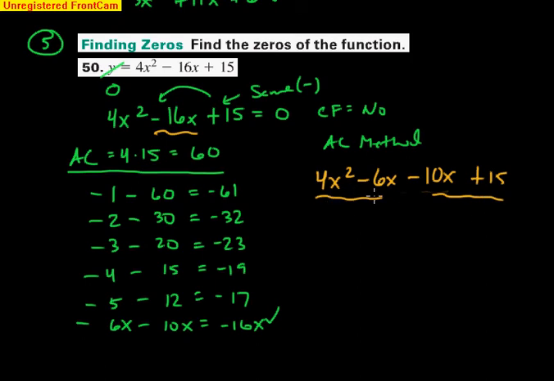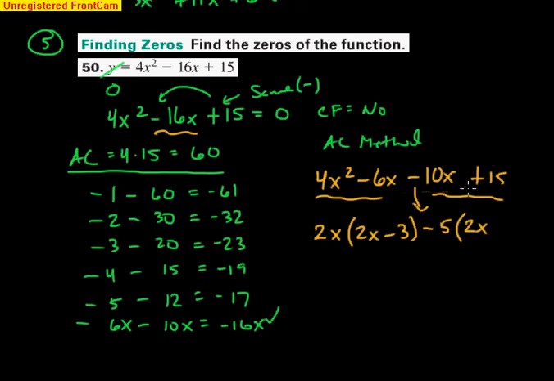And we look for a common factor between the first two terms. I know that 4 and 6 share a 2, and they each have at least one x, so I can pull an x out. This becomes 2x, and this becomes negative 3. Now the minus sign comes down, and we look for the common factor between 10 and 15. That is 5. Now you're pulling out a negative 5, so when you take negative 10 divided by negative 5, it's 2.